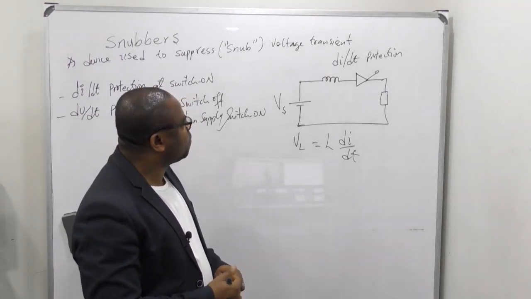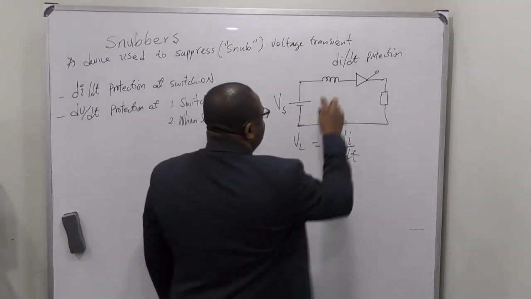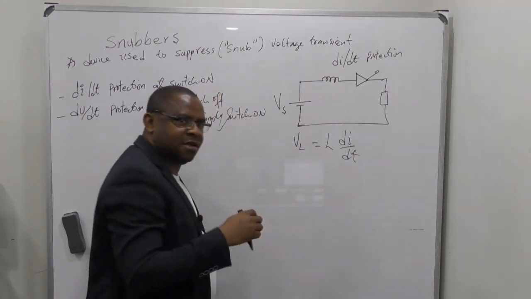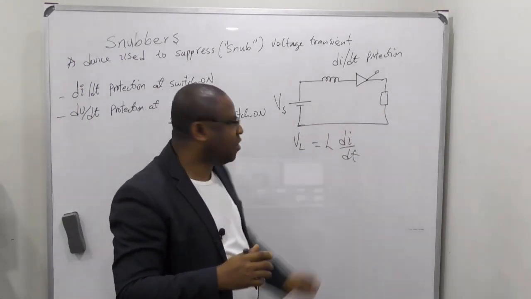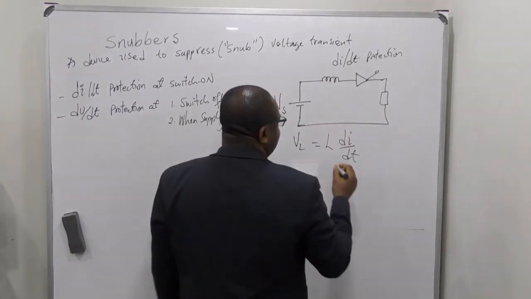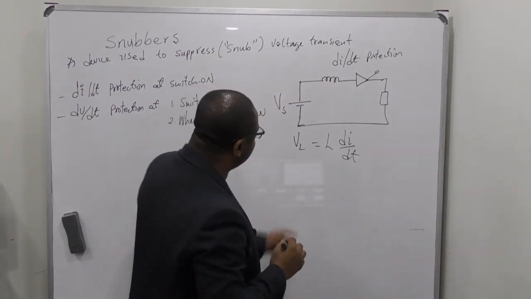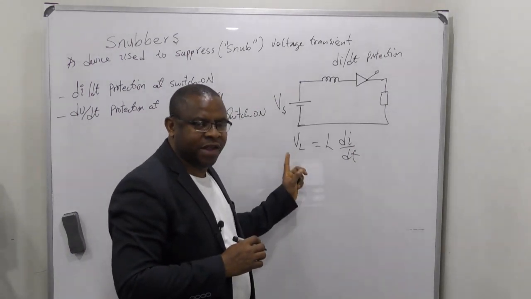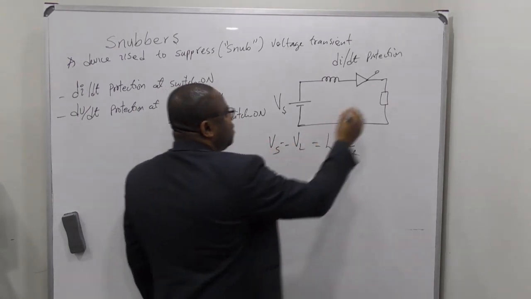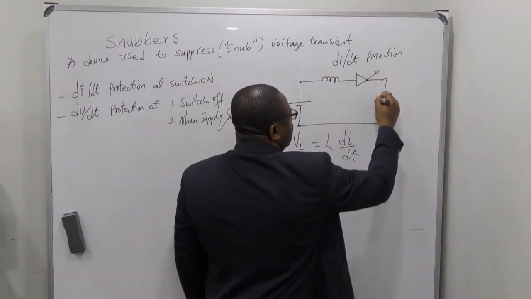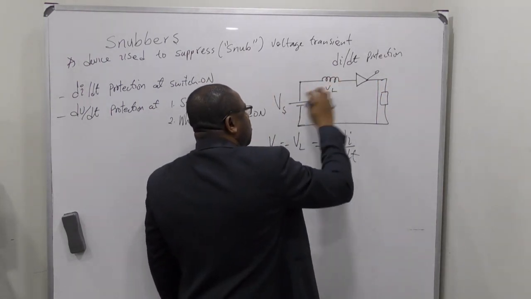The voltage across here, I'm going to take as the total voltage, assuming that the switch voltage is very small. If the switch is shorted like that, the voltage across here equals the voltage across the inductor.